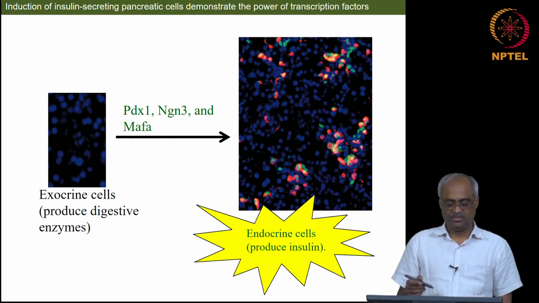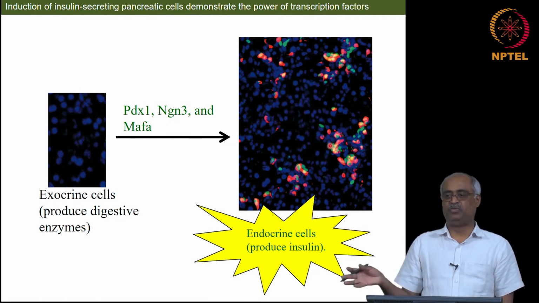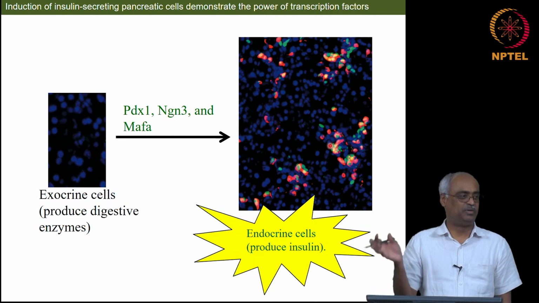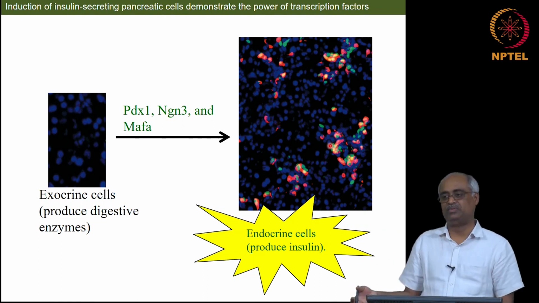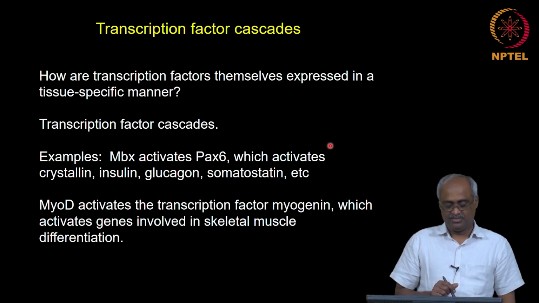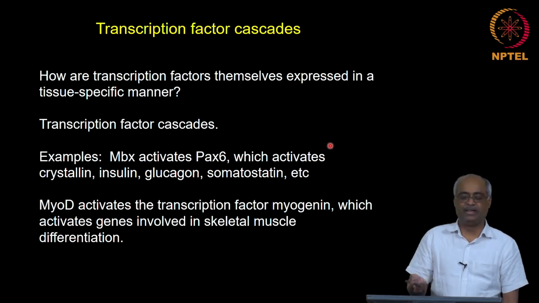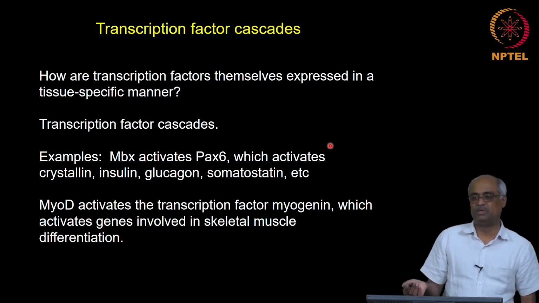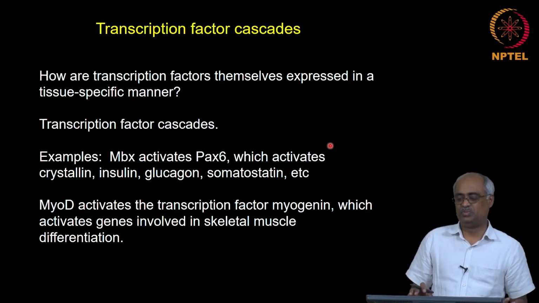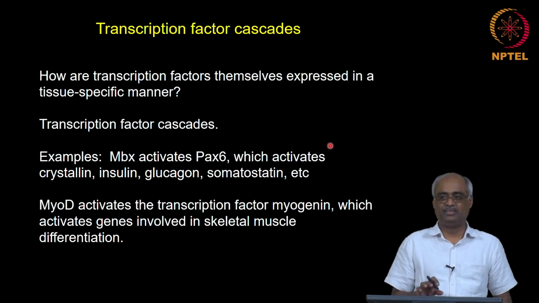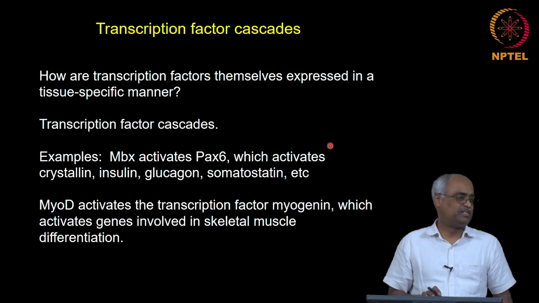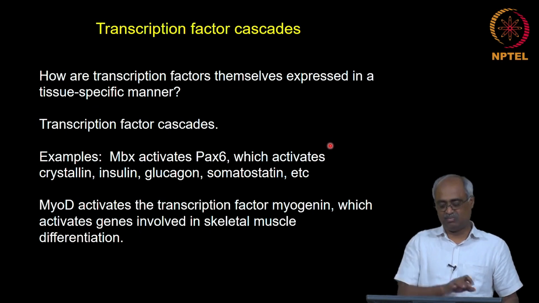Okay. So, they are so powerful, they can change the fate of a cell from exocrine fate to endocrine fate. Of course, now more dramatic things have been done. People have shown by expressing a few transcription factors, any differentiated cell can be converted into undifferentiated pluripotent cells. So, that is even more dramatic than this.